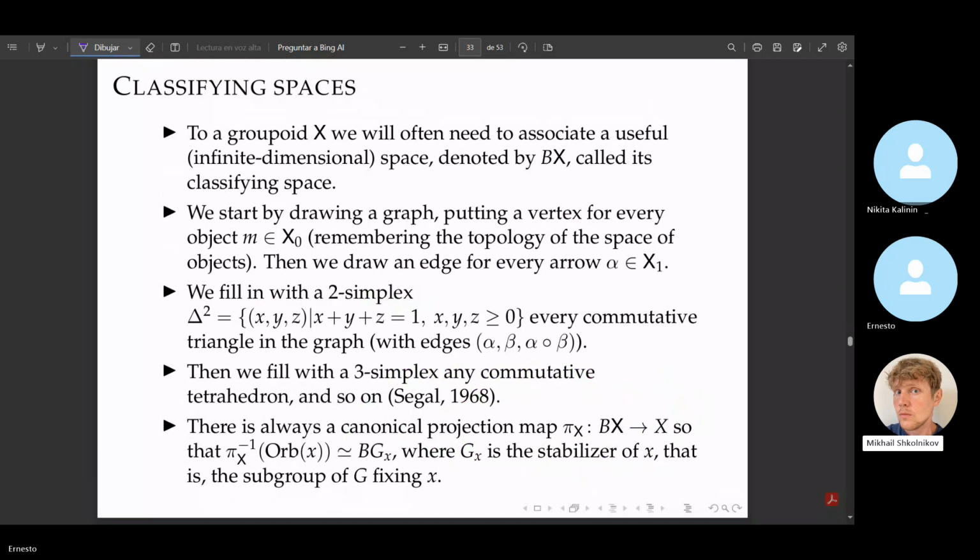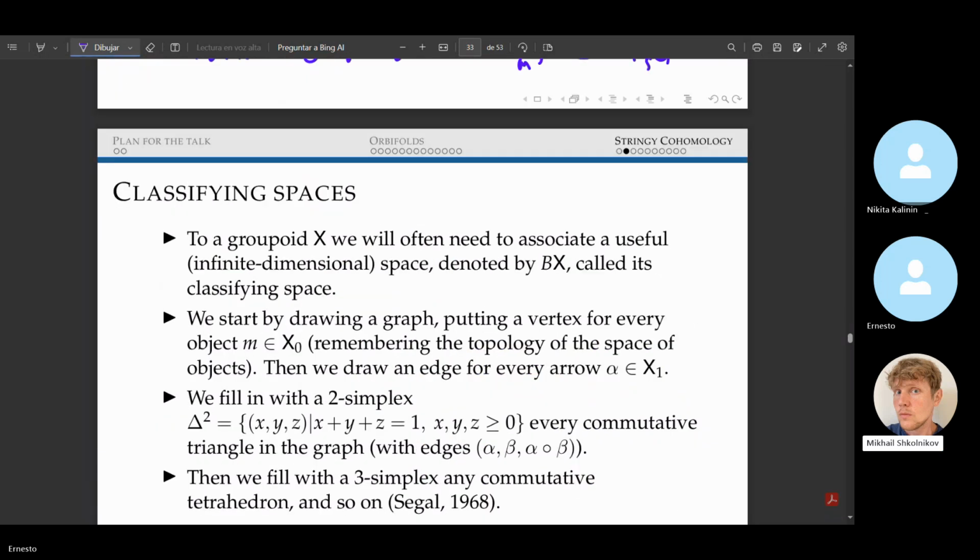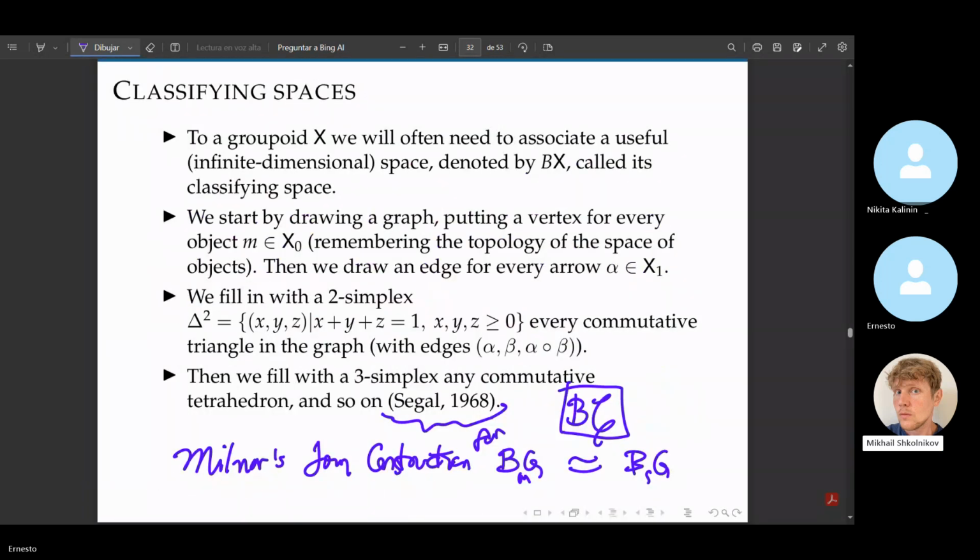So just one question: if you have two equivalent categories, does it produce homotopy equivalent spaces? Yeah, and this is very easy to prove in Segal's, and this is proved in Segal 1968, but it would be very hard for Milnor's join construction.